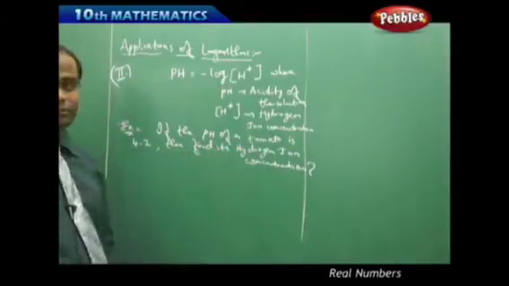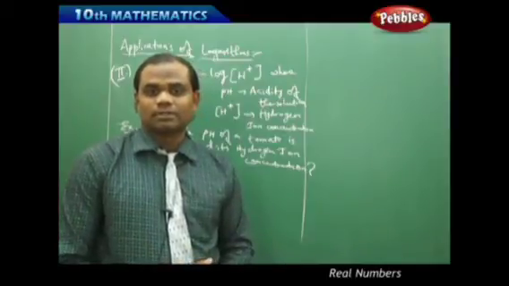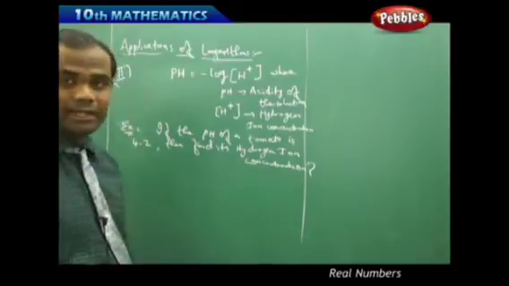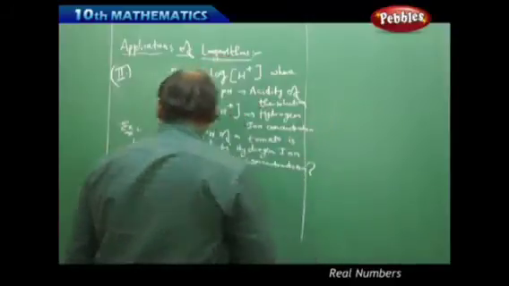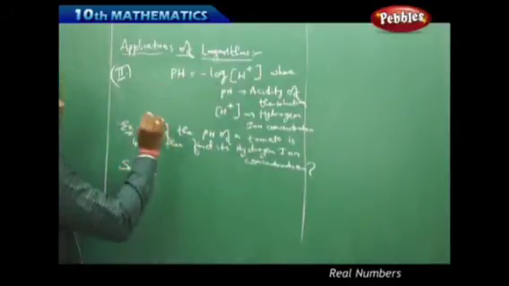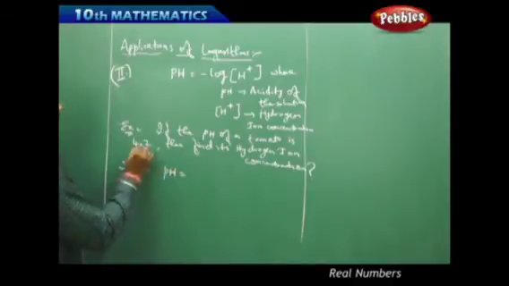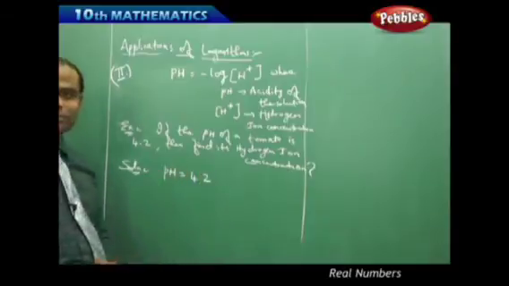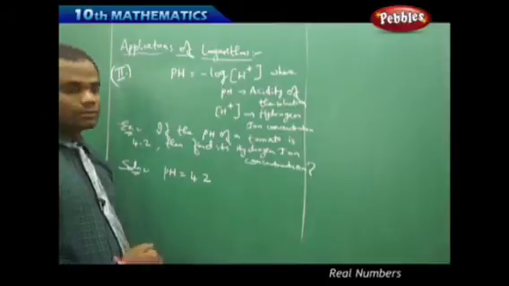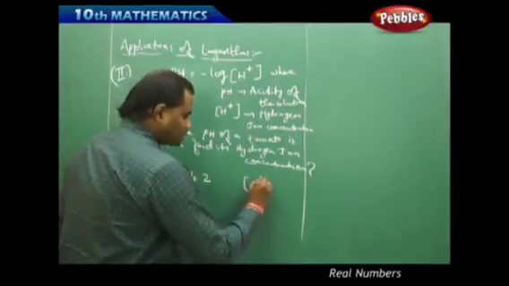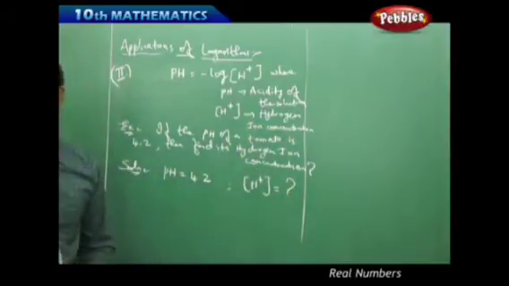So for the pH of a tomato, which is 4.2, what is its hydrogen ion concentration? The pH of a tomato is given to be 4.2, and the question is to find the hydrogen ion concentration, H plus.